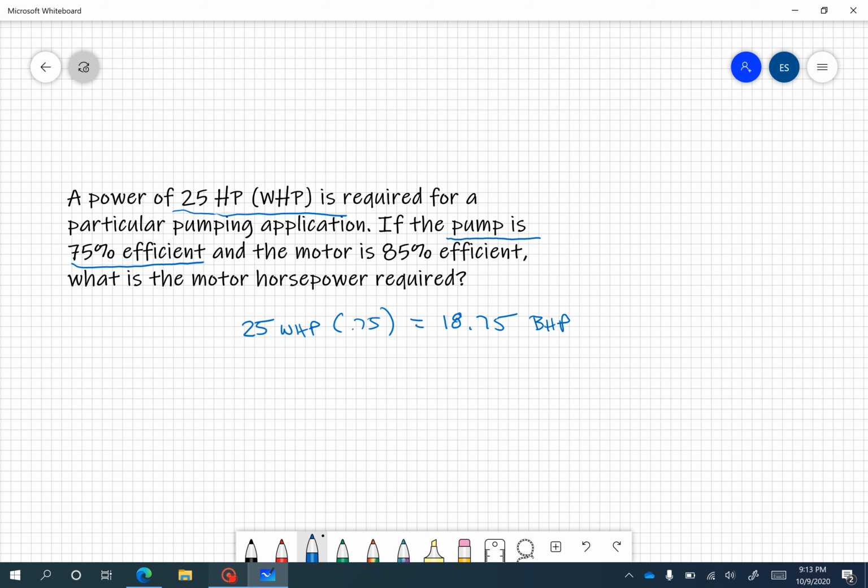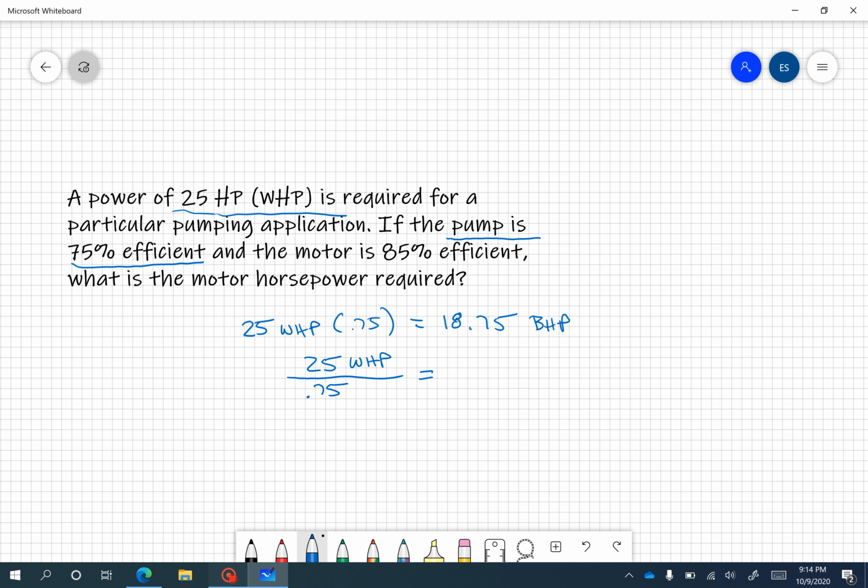So that tells me that instead of multiplying by 0.75 or 75%, I want to divide by 75% efficiency.